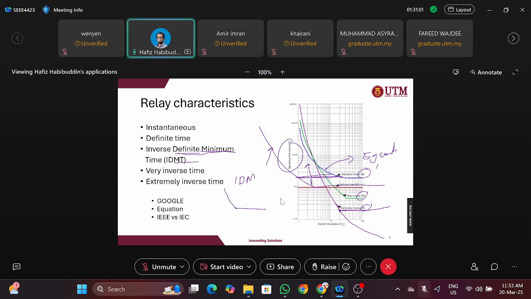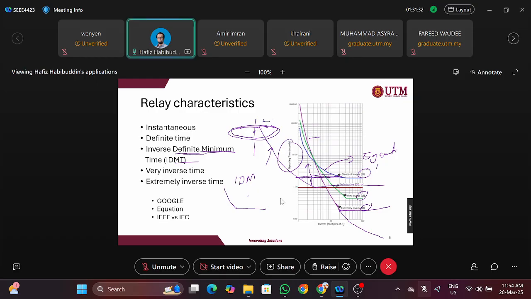The operating time is software based. But previously, with electromechanical relay, the curve is actually based on the physical structure of the relay. The relay consists of a core, a disk, and everything. You can Google electromechanical overcurrent relay, how its shape looks. So the physical size of this disk will determine the characteristic.